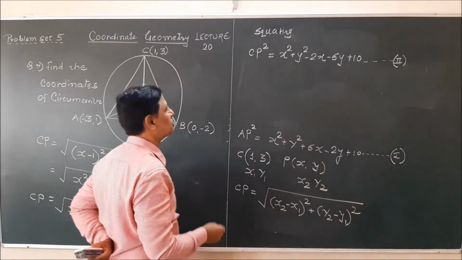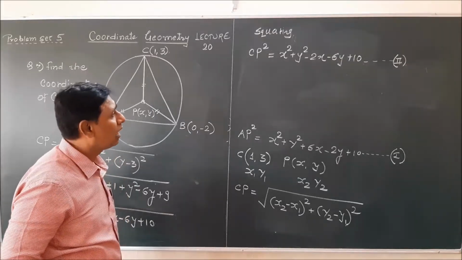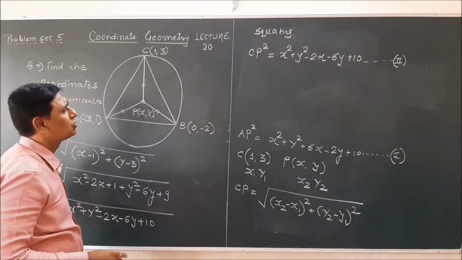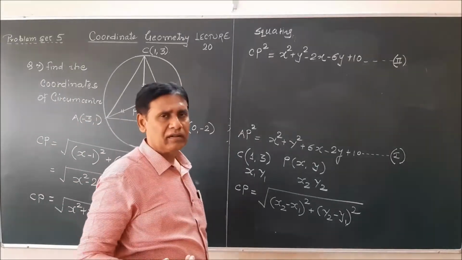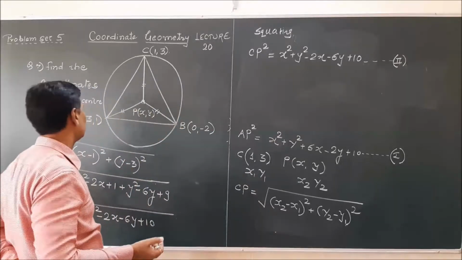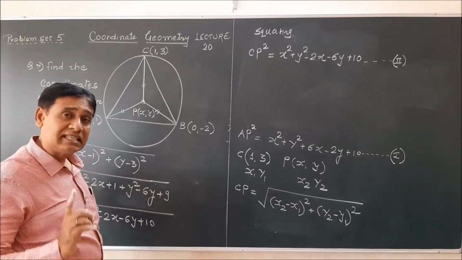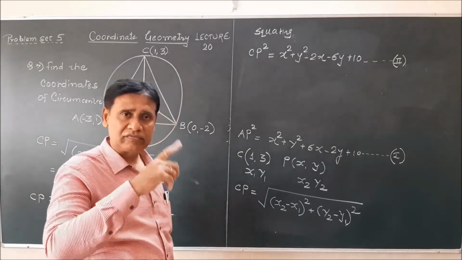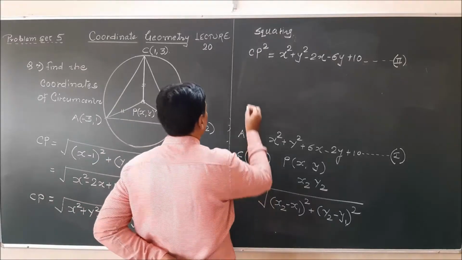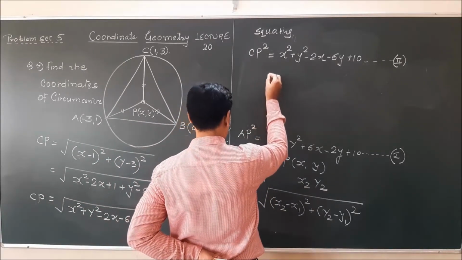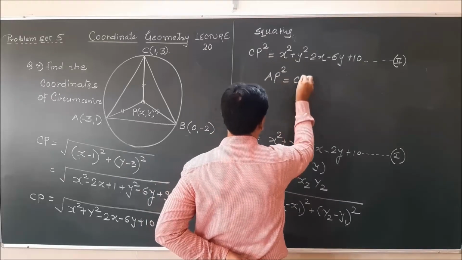Now I have equation number 1 and equation number 2. What I am going to do is equate these two. Why can I equate? Because they are the radii of the same circle, and radii of the same circle are always congruent. So AP square is equal to CP square.